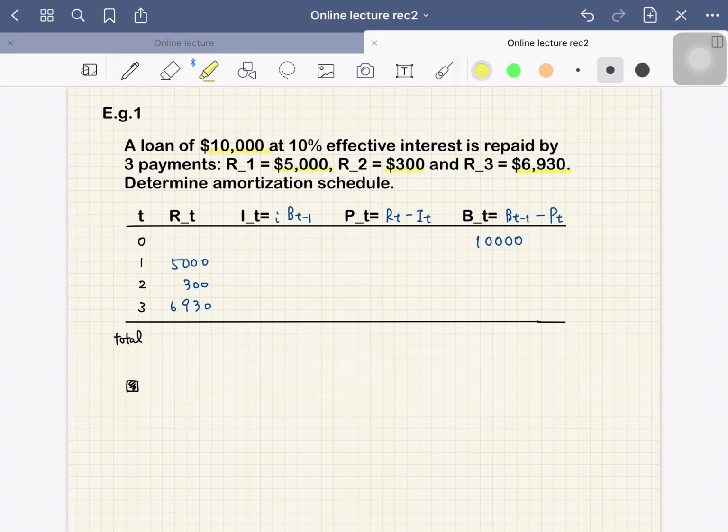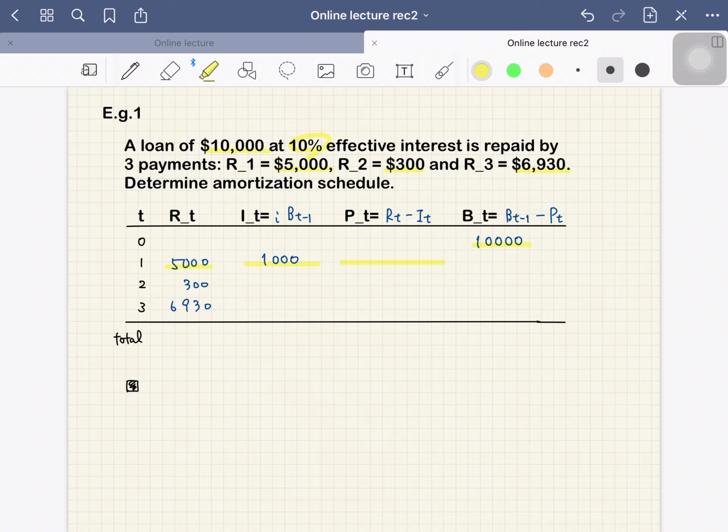At first we want to calculate I1, that is previous balance times interest rate, 10% times $10,000, so that is $1,000. Then how about principal repaid?